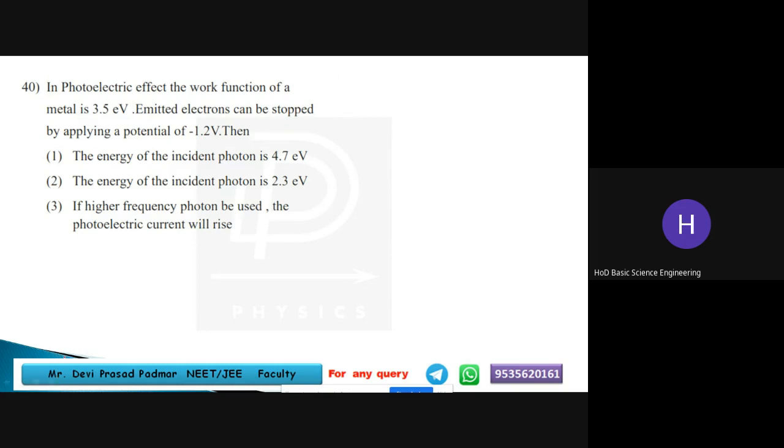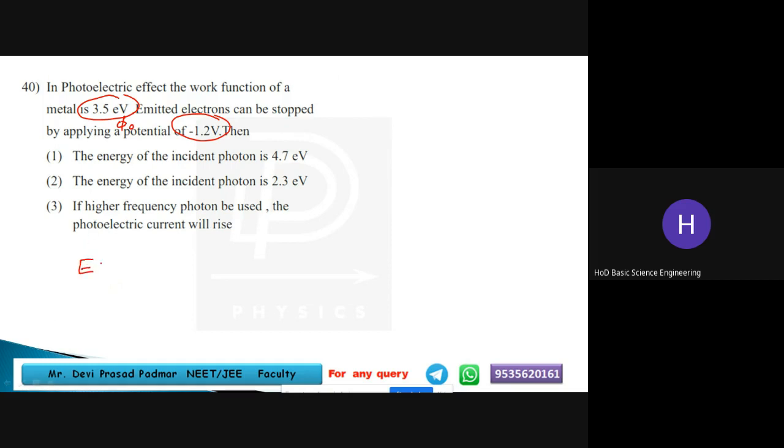40. In the photoelectric effect, the work function of a metal is 3.5 electron volt. Phi naught is this much. Estimate the electrons that can be stopped by applying a potential of minus 1.2 volt.